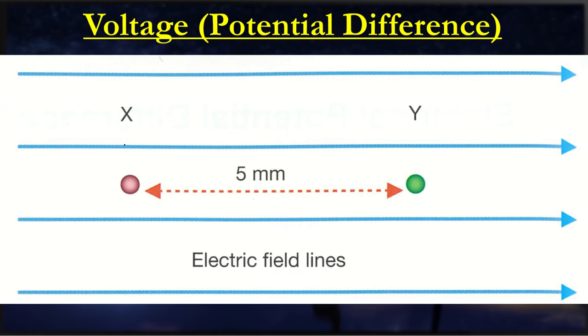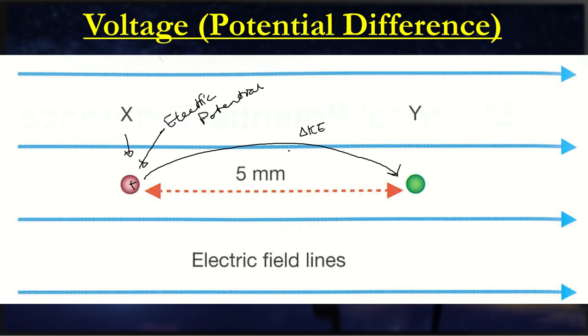Let's say with our charge X here, it has what we call electric potential. So it has energy to be moved by the electric field from one end to another. If I move the charge, let's say it's positive, from this end to this end here, I would have used some kind of kinetic energy to move it.